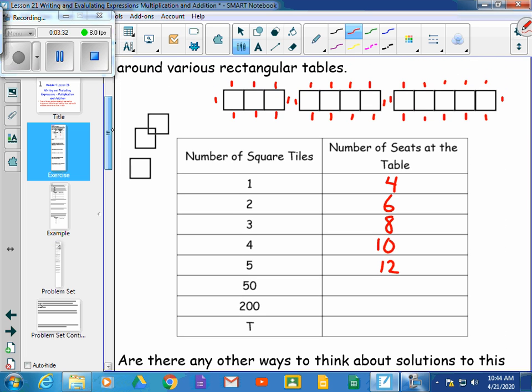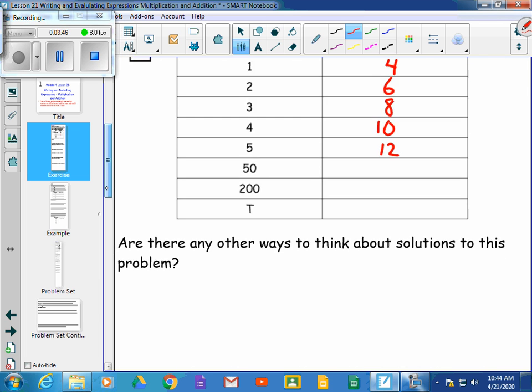To figure out the pattern of what we're doing, we have to always remember what's going on here. In every one of these, we had 2 people that could sit on the sides of the table, and then 1 person at each end of the long group of tables. Okay?